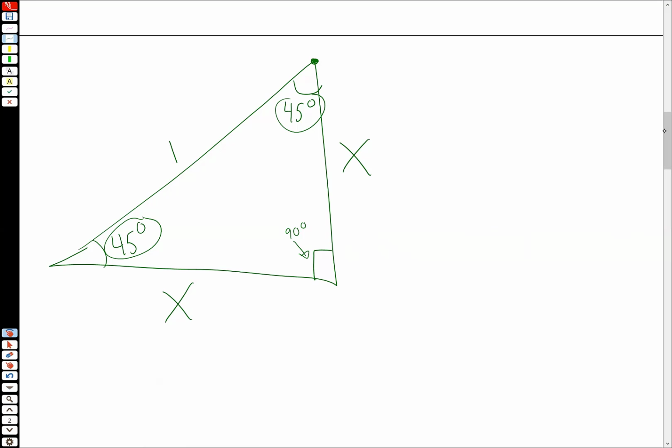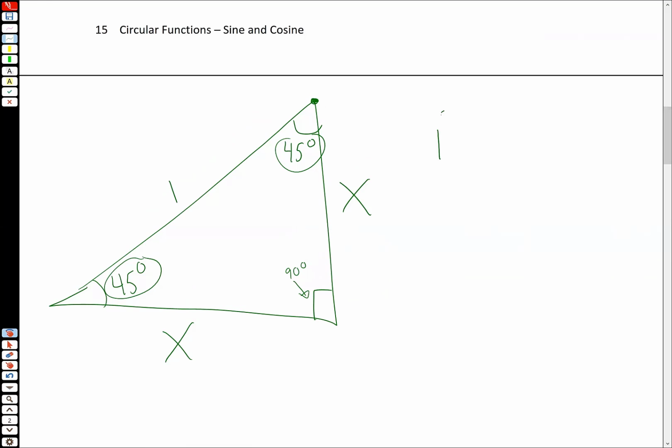Now to solve for x, we use our favorite theorem, the Pythagorean theorem. So we know that 1 squared is equal to x squared plus x squared. Remember, c squared equals a squared plus b squared. We're using that on this triangle right here. So 1 squared is 1, equals x squared plus x squared, which is 2x squared.